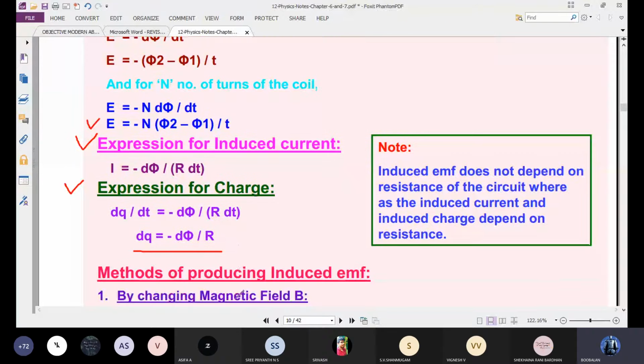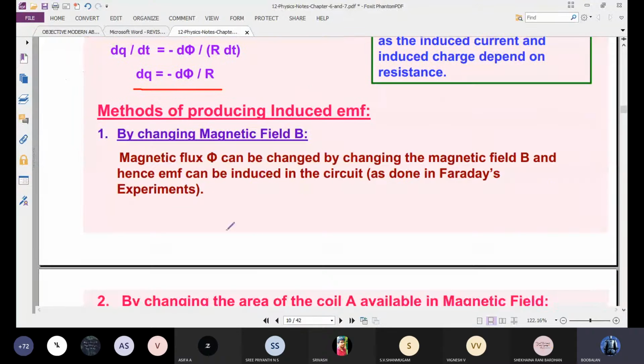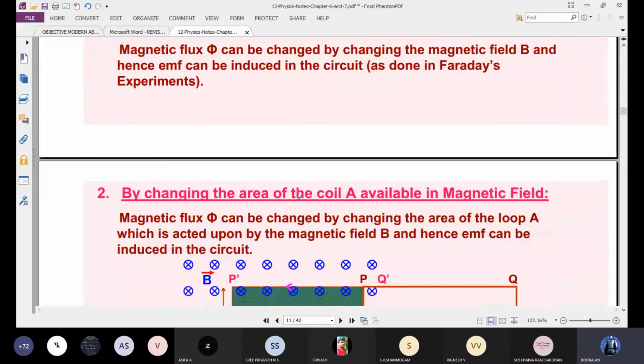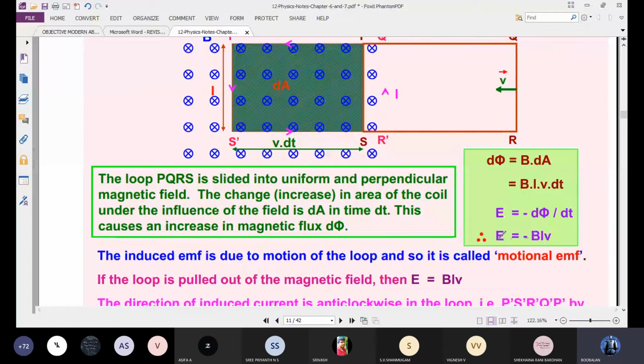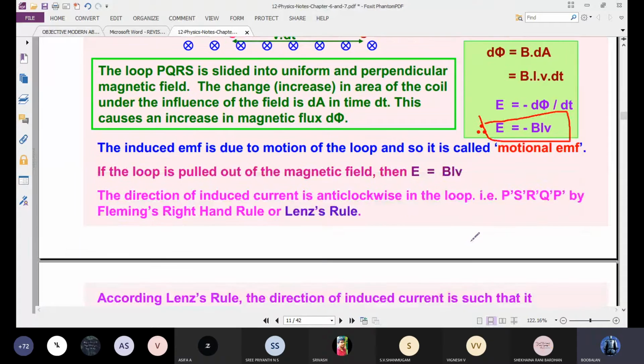After that, the method of production of induced EMF by changing the area: the formula is E equals minus BLV, the motional EMF formula. Use the right hand rule and Lenz's rule also.